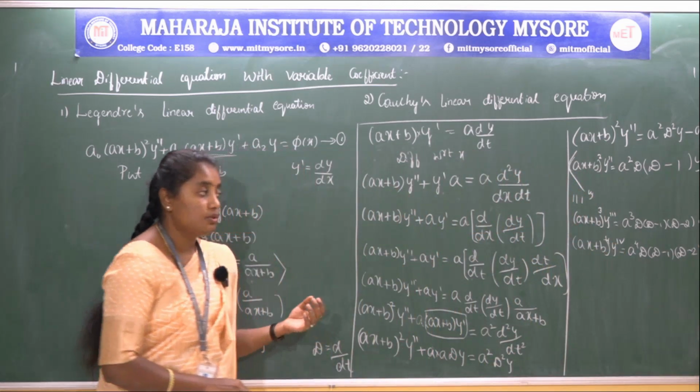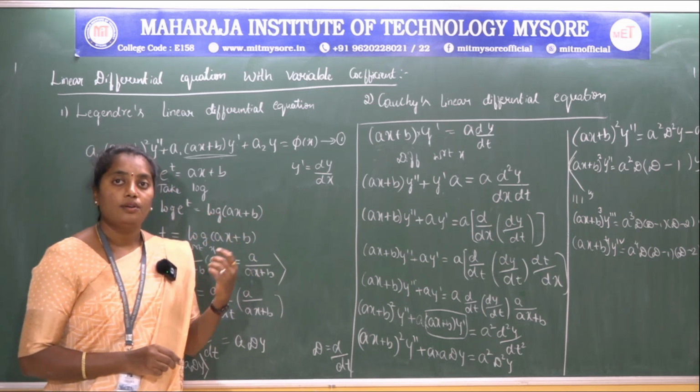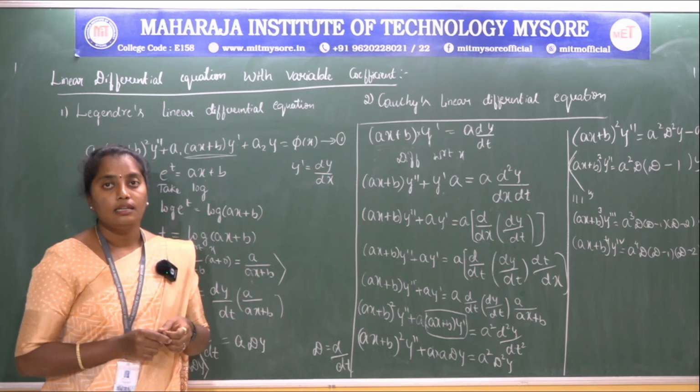So these are the substitutions to reduce a differential equation with variable coefficient to a differential equation with constant coefficient.